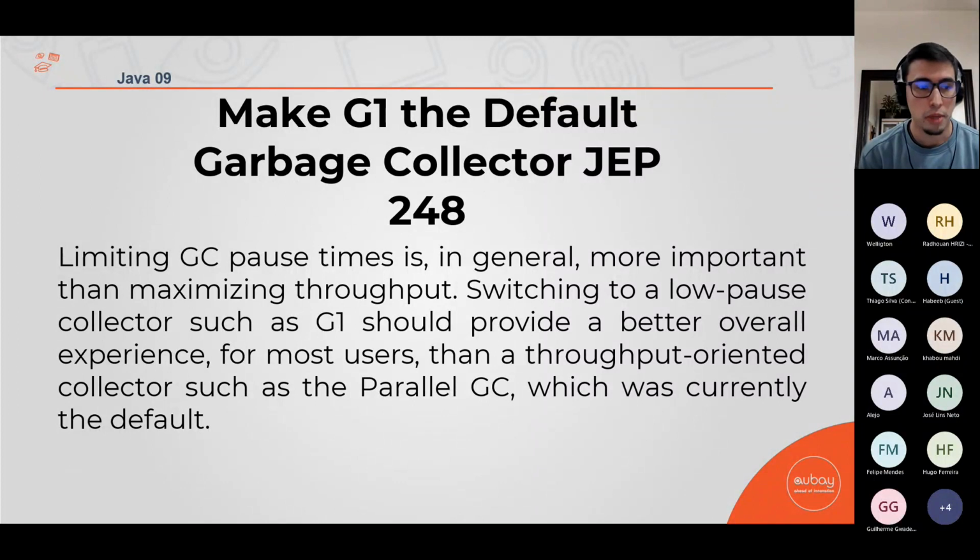Basically, limiting the garbage collection pause time is, in general, more important than maximizing throughput. So switching to a low-pause collector such as G1 should provide a better overall experience for most users than a throughput-oriented collector such as the Parallel GC, which was the default.